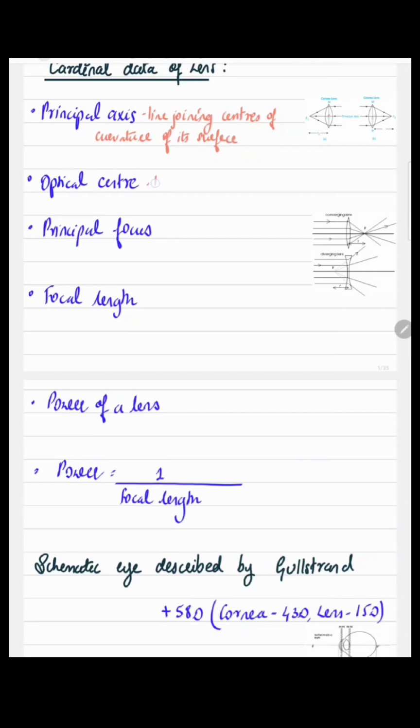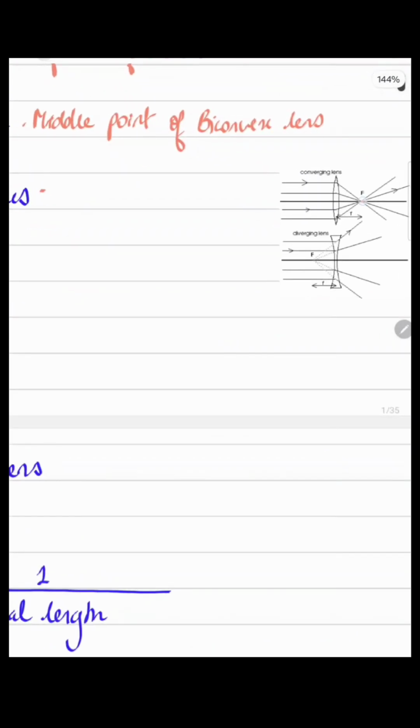Optical center is the middle point of a biconvex lens. Principal focus is the point on the principal axis where parallel rays of light, after passing through the lens, converge in a convex lens, and diverge in a diverging lens. That is our principal focus.